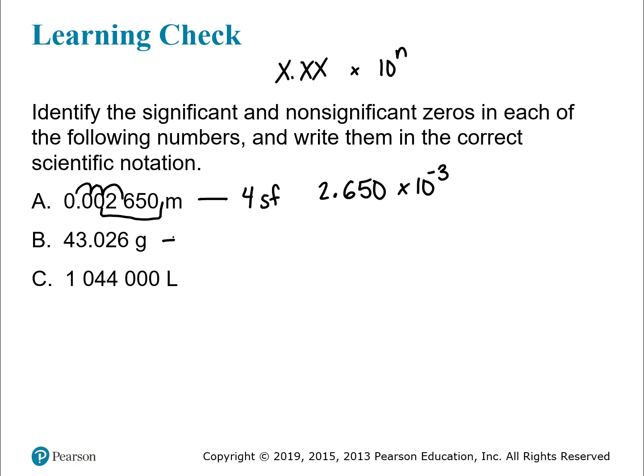For letter B, all of these digits are significant, including this 0, because it is between 2 non-zero digits, and there's that decimal point there. So that means that we have 5 sig figs. In order to make our coefficient, we're going to move that decimal point 1 time to the left.